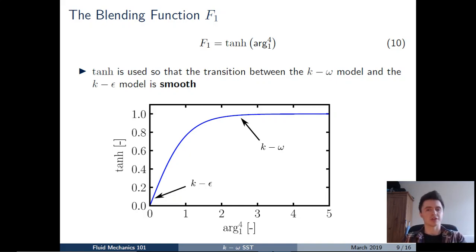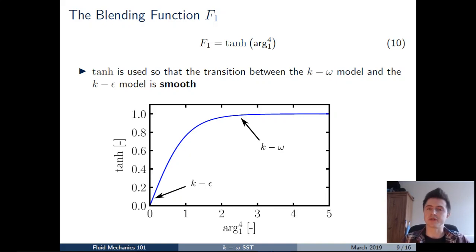Whatever the argument into the hyperbolic tangent function might be, when it's very small, F1 will be 0, so we'll have our K epsilon model, and as the argument increases, F1 will tend towards 1, which will give us the K omega model. So now all we have to do is carefully choose the argument for this hyperbolic tangent function, and we'll get a smooth blending between the K epsilon model and the K omega model.